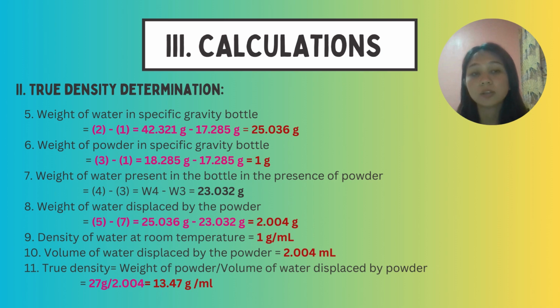For the continuation of the true density determination, we now have the weight of water in the specific gravity bottle, which we were able to get by subtracting W1 from W2, which is 42.321 grams minus 17.285 grams, which equals 25.36 grams.